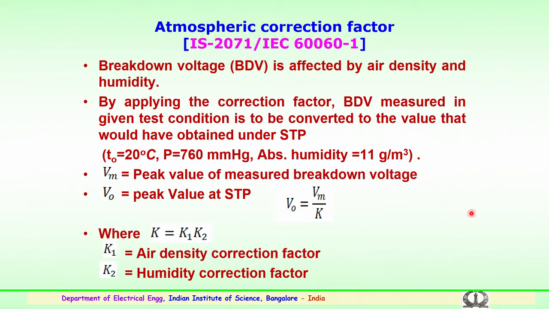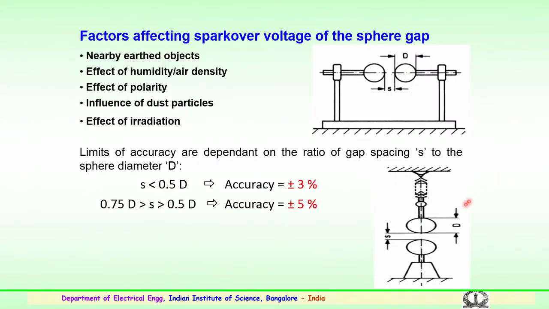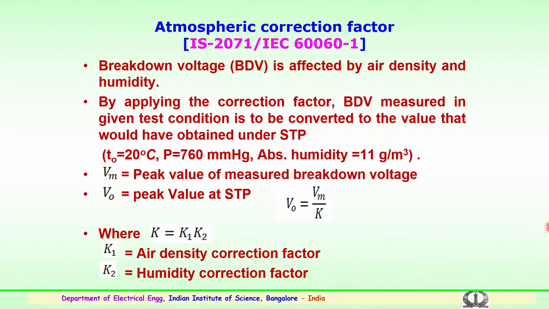These are the standard values which have been specified. Now, considering Vm being the peak value of the measured breakdown voltage of the spear gap, when the voltage is applied, there will be a breakdown here. So, this breakdown voltage for a specified gap is the value Vm, which is known as the measured breakdown voltage.